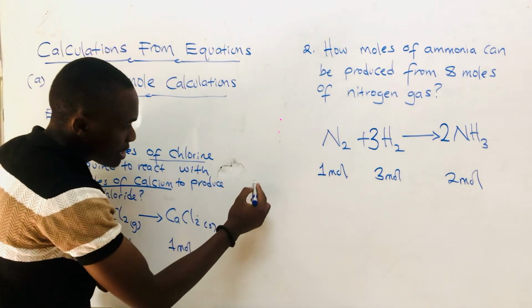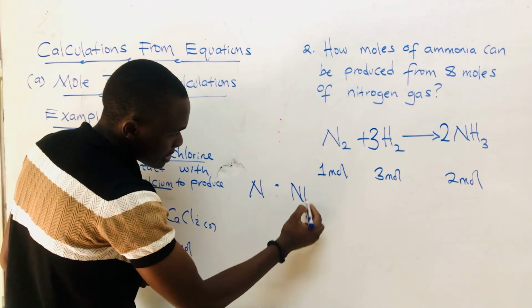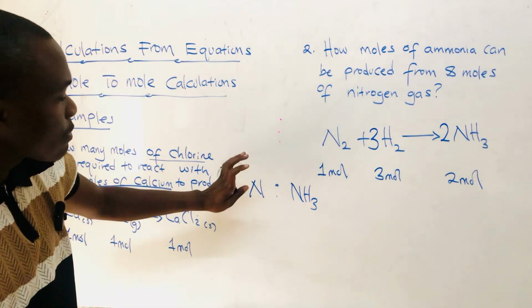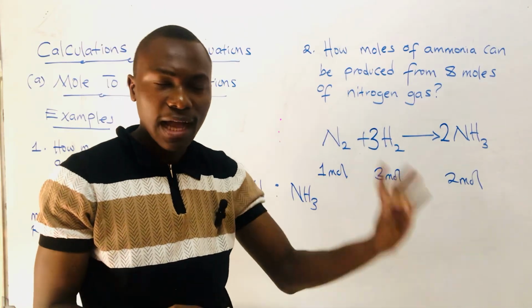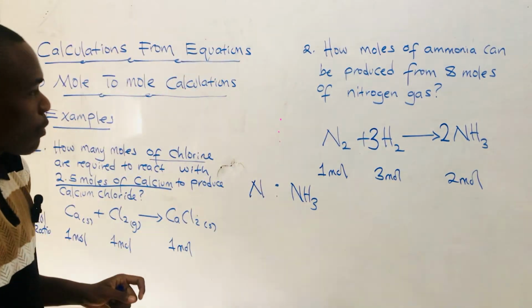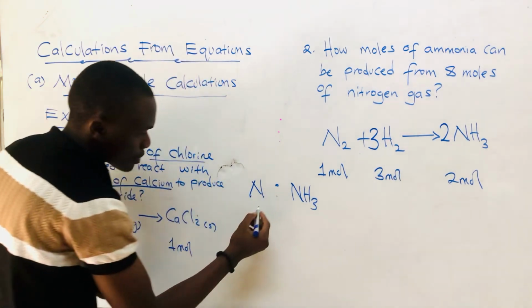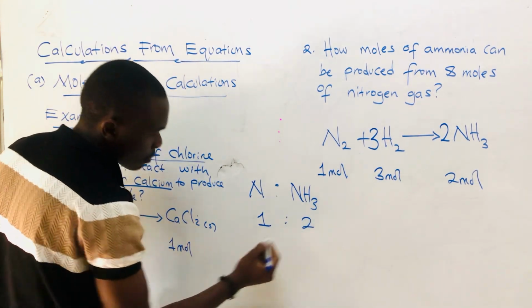So this is between nitrogen and what? Ammonia, NH3. You've seen that, right? Because they've given us the number of moles of nitrogen, and then they want us to calculate the number of moles of what? Ammonia. So what are the mole ratios? 1 to 2. So nitrogen, there is a 1, ammonia, 2.